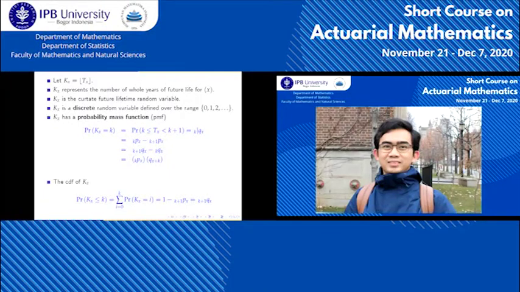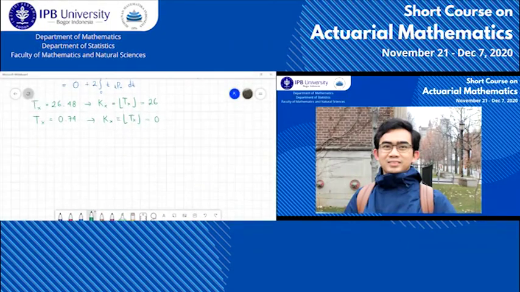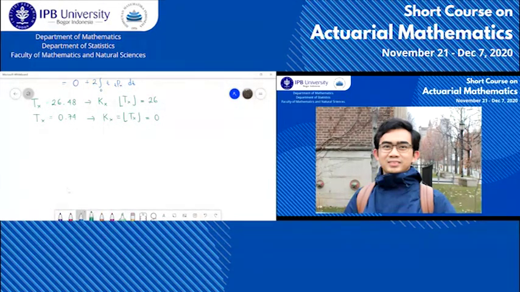Then let's look at the distribution function of Kx. The cumulative distribution function of Kx is the probability of Kx being less than or equal to k, which we write using sigma notation from 0 to k of the probability of Kx being equal to i.